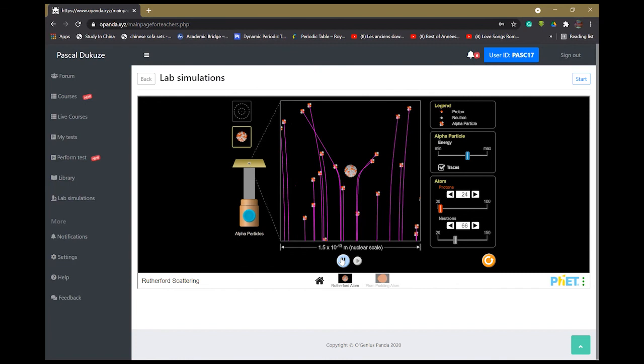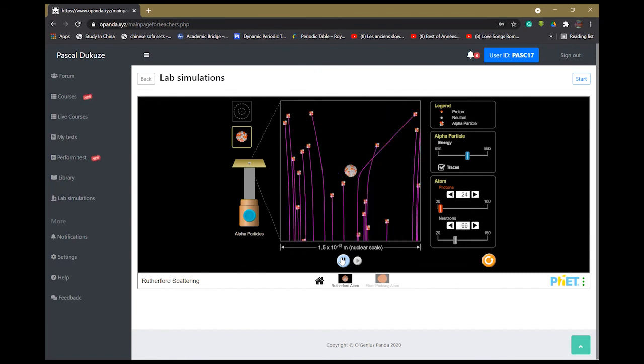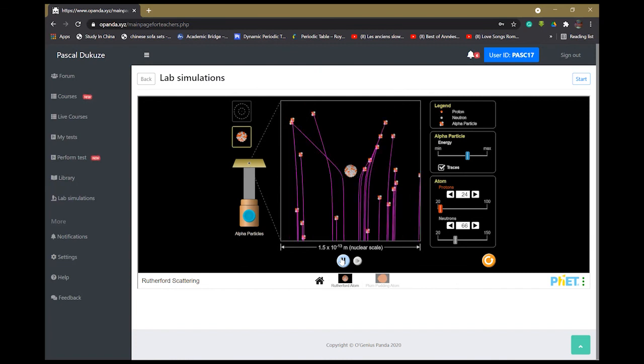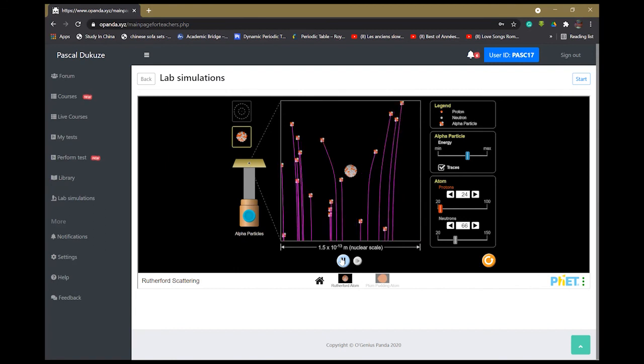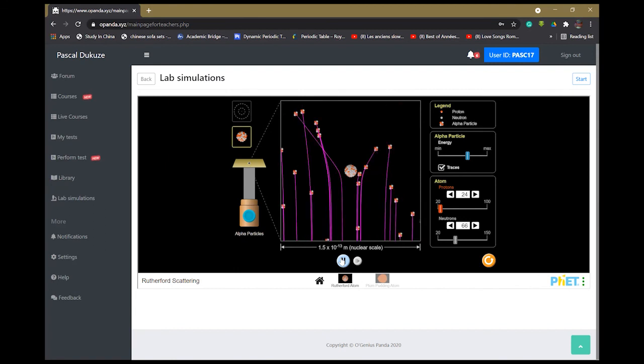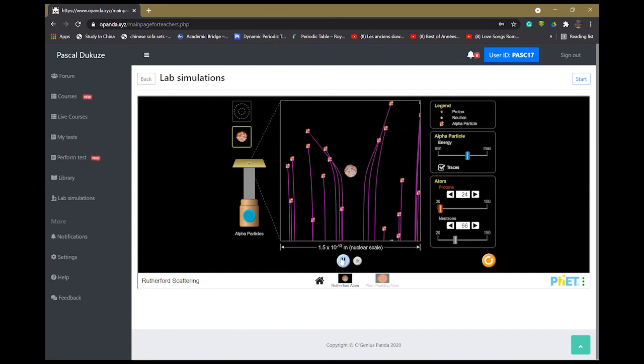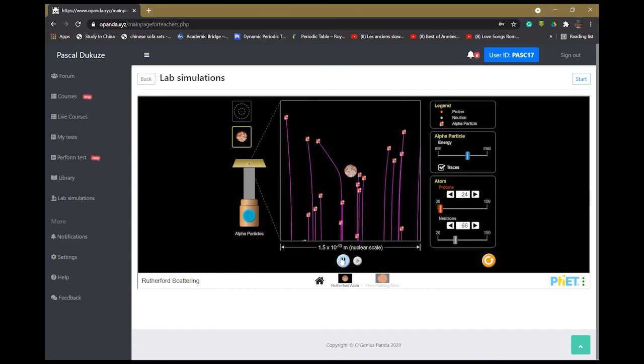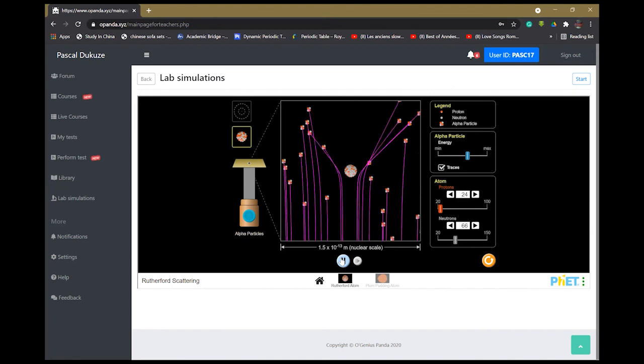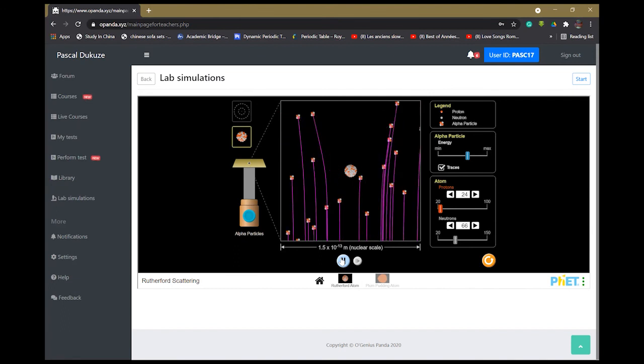And from that, he said that the hydrogen atom, which is the simplest atom, has a single particle which carries a positive charge, and that particle was called a proton.